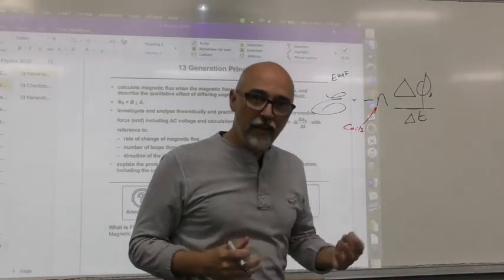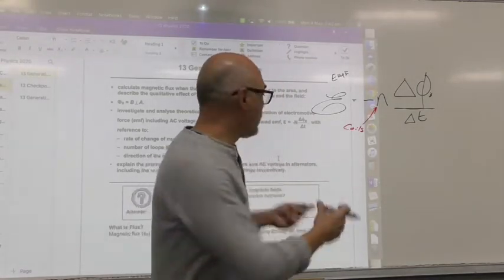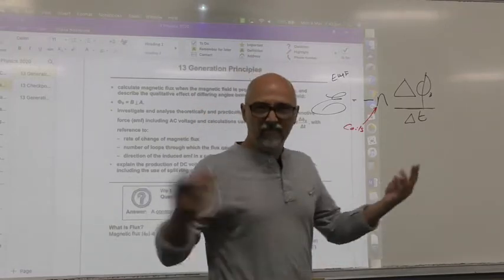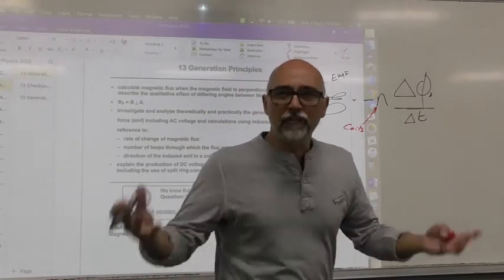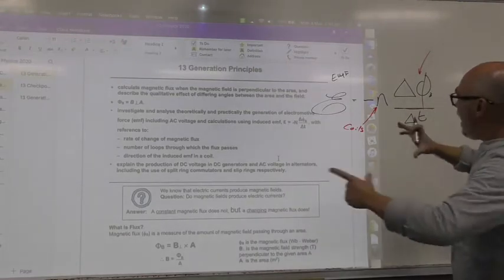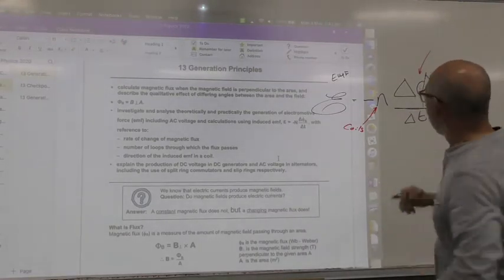So that's where your EMF is affected when you add coils. That's what you change, not the magnitude of the flux. This here is the magnitude of the flux that you're actually changing.